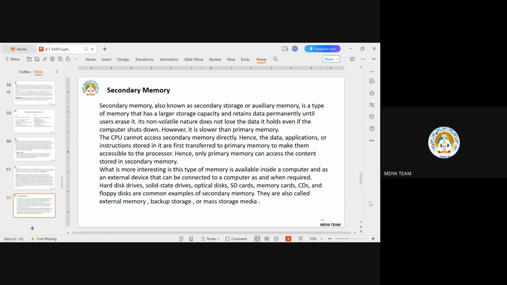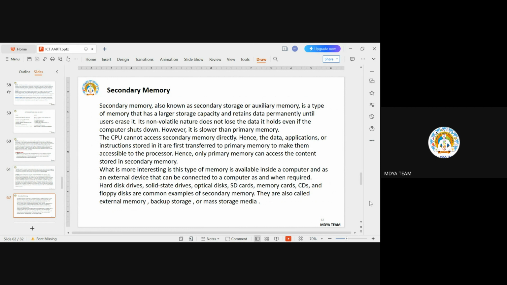Yes, as we know, when we are typing some text on Word and we save that data, it will be saved in the secondary memory, okay? So it is permanent storage. Sometimes the memory is full, and you want to erase some unwanted data, so you can erase according to your requirement, okay?